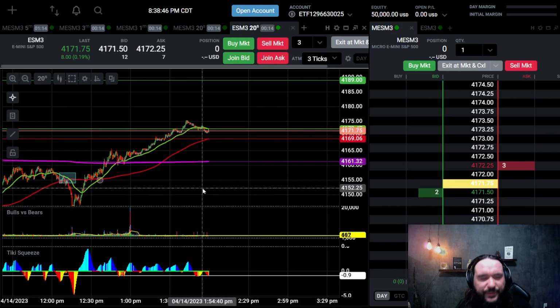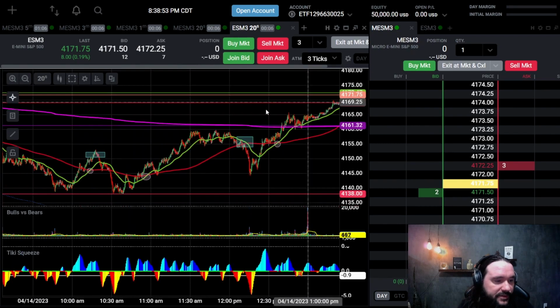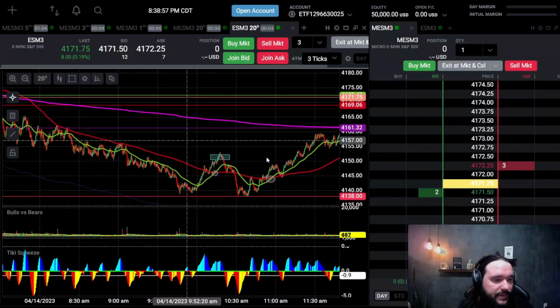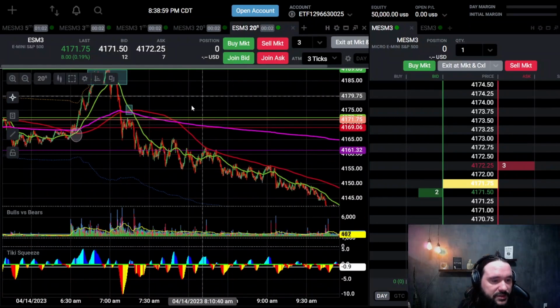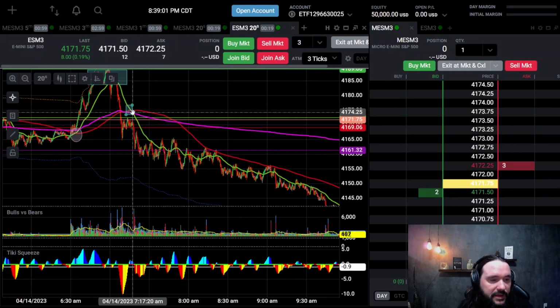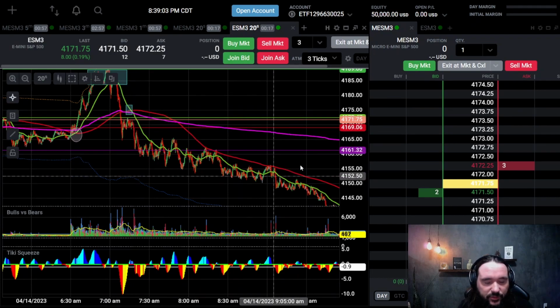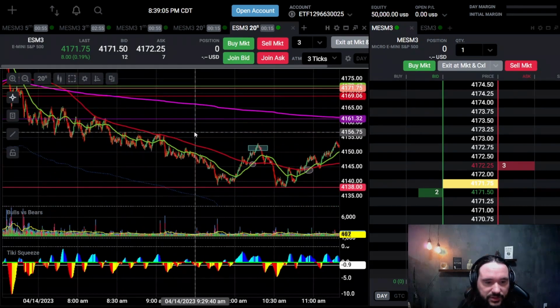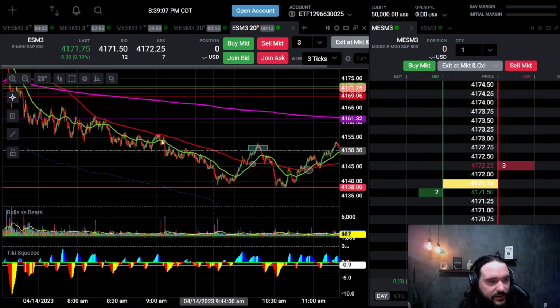But like I said, what I really like about the 20-second chart is how many opportunities it gives you in order to take trades. And you can use the same strategy in reverse to the downside as well. So if you're more of a short trader, your entry point would be here, short, and your exit would be on the crossover, which you can see is all the way down here.